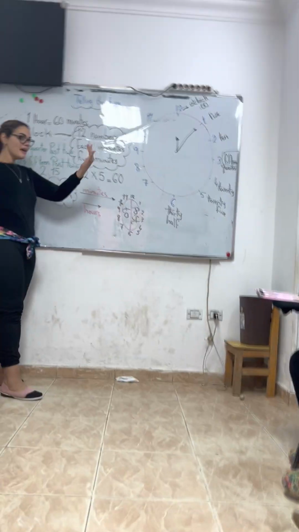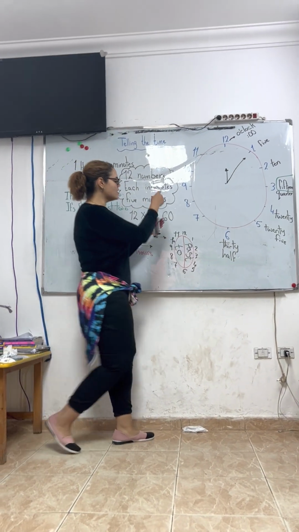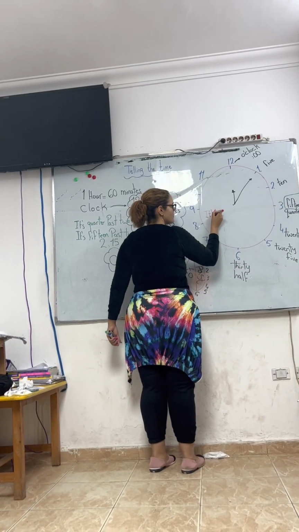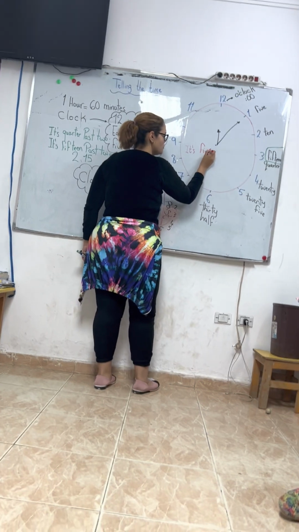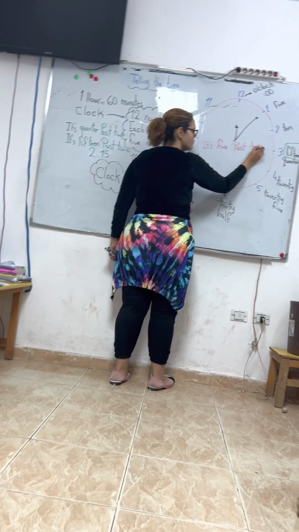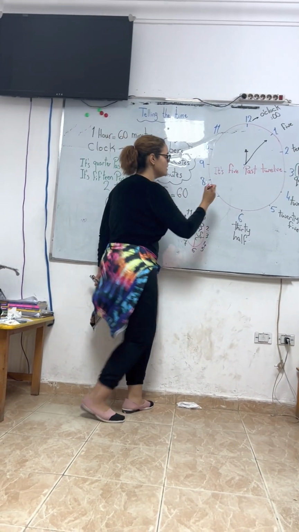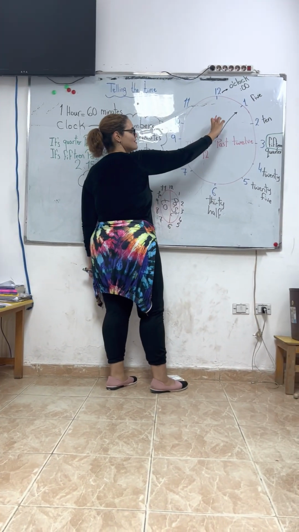We start with the minutes. So what is the time here? It's 5 minutes, to or past? Past 12. So how can I write it like numbers? I'm going to write 12 first. This is the hour, the small one.